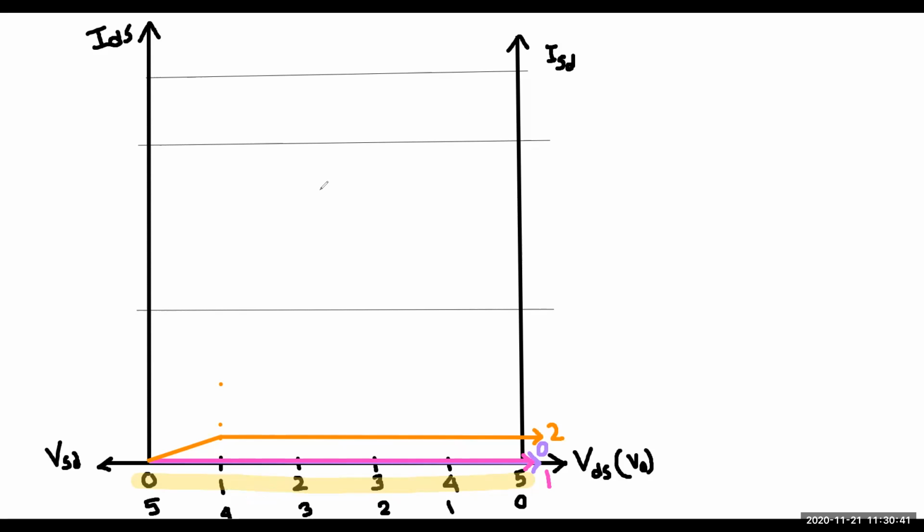How much is your current? 33.5. Okay, let's see 33.5. This is 50, this is 25, this is 30. Maybe this is 33.5, right? Yes. Okay, let's draw a line. Let's draw another line.